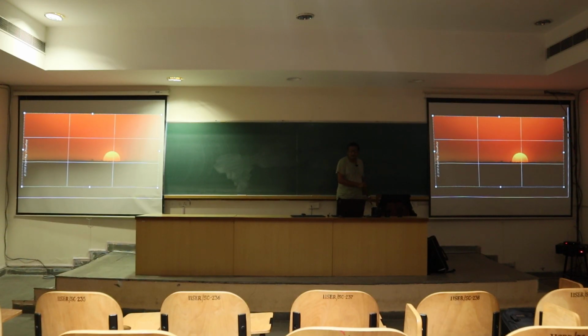Is it clear? Okay. So here, as you can see, this is the horizon which I have kept more or less in the lower third, and the subject of the image, that is the setting sun, was shot in the Thar desert in Rajasthan. That is kept at this particular intersection point. Okay? So this is how you do it.